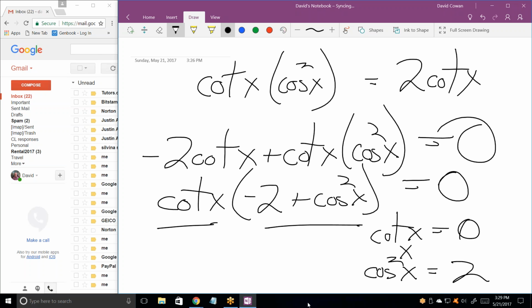Okay, where does that occur? Where is cotangent of x equal to 0? Cotangent of x equal to 0 at pi over 2. Good. And 3 pi over 2. Good.